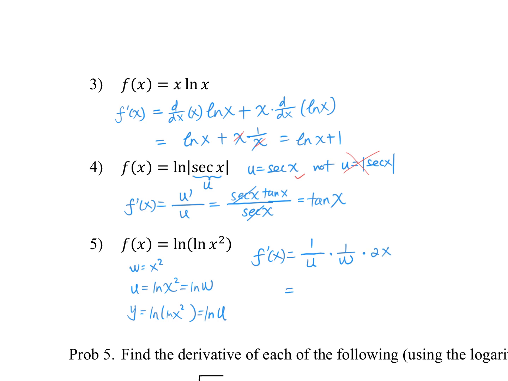So eventually, this is what we have: 1 over u, which is ln x squared, times 1 over w, which is 1 over x squared, times 2x. And simplify if possible, so cancel an x, we have x left. And finally, we have 2 over x ln x squared.